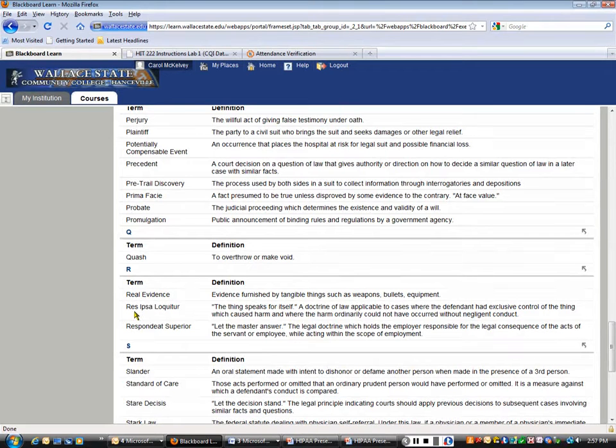Perfect example, and you need to understand this example in order to understand that term, res ipsa. Very good chance that you'd see that on an RHIT exam. This is an example of what, and you would pick res ipsa loquitur. Here's the example.